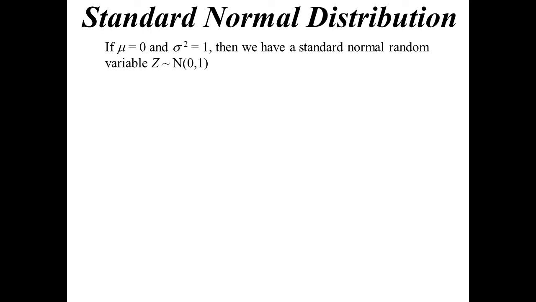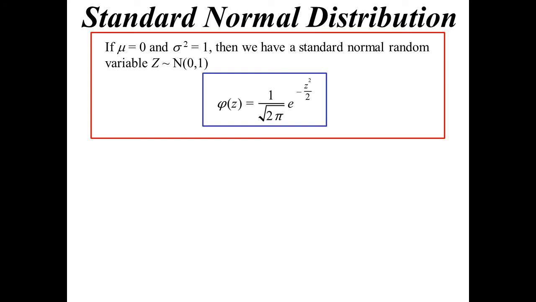It will be normally distributed, average is 0, variance of 1. And of course, if the variance is 1, that also means the deviation is 1 as well, because the square root of 1 is 1. So the formula gets a little bit simplified now, because if I sub those in for mu and the deviation, we get 1 on root 2 pi, e to the minus z squared on 2.